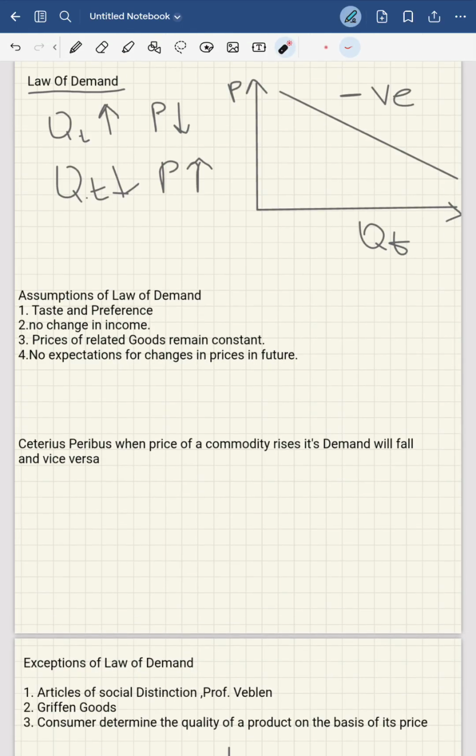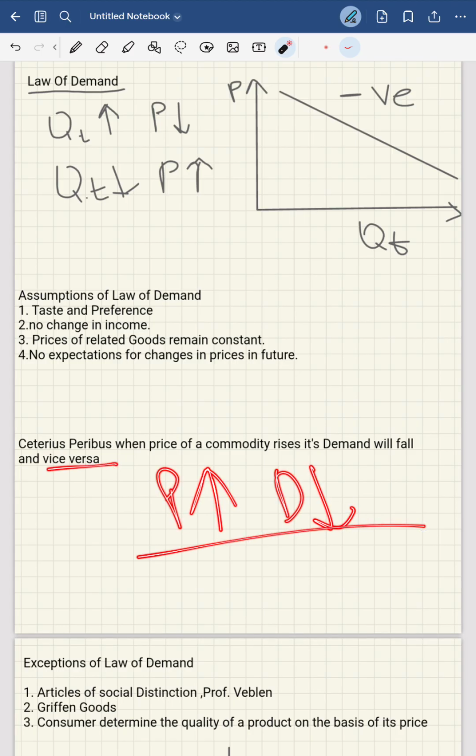Next, law of demand. What is the law of demand? Ceteris paribus. Ceteris paribus means all the other factors remain constant. When the price of a commodity rises, its demand will fall, and vice versa, meaning when price falls, its demand will rise.